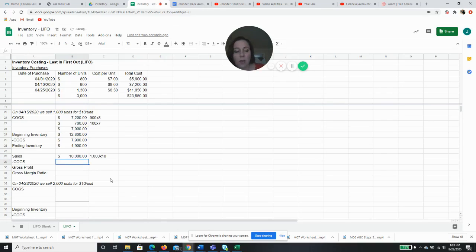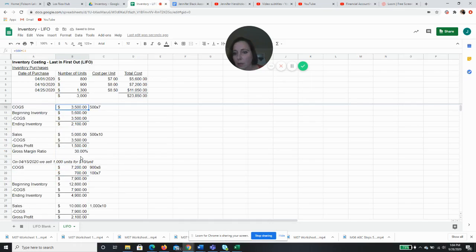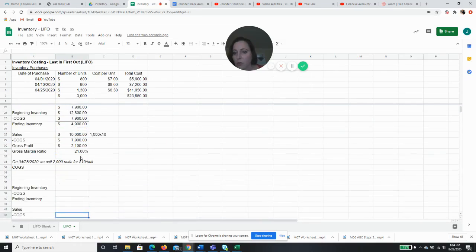Our sales are $10,000 minus our COGS of 7,900. So that gives us a gross profit of 2,100. And if we divide that by sales, we get a gross margin of 21%. 30% goes down to 21%.